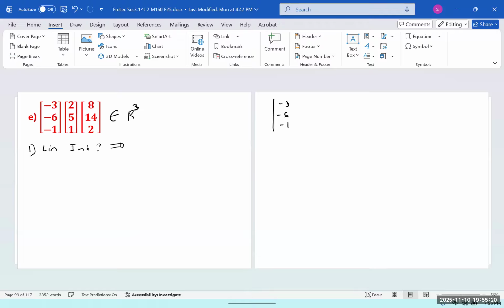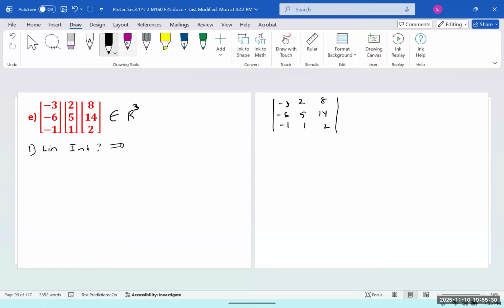-3, -6, -1, 2, 5, 1, 8, 14, 2. There are many ways to find the determinant. My favorite method for 3x3 is to rewrite the first and second columns, -3, -6, -1, 2, 5, 1, and look at the diagonals.